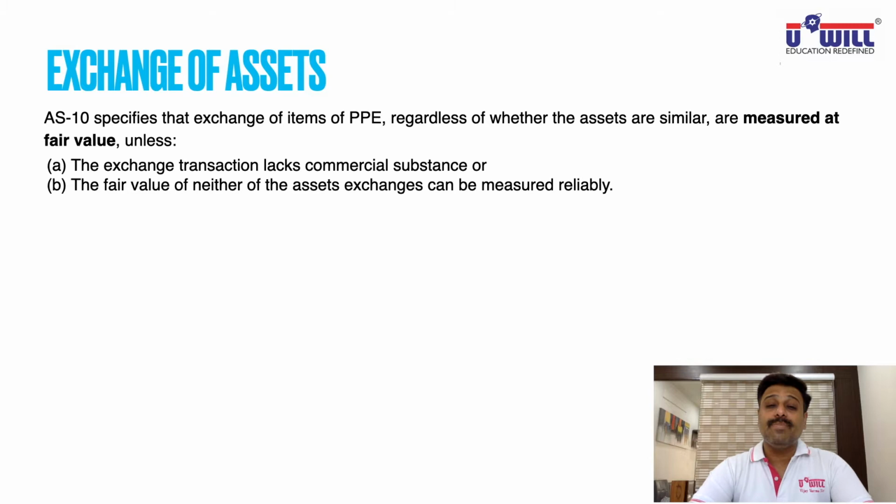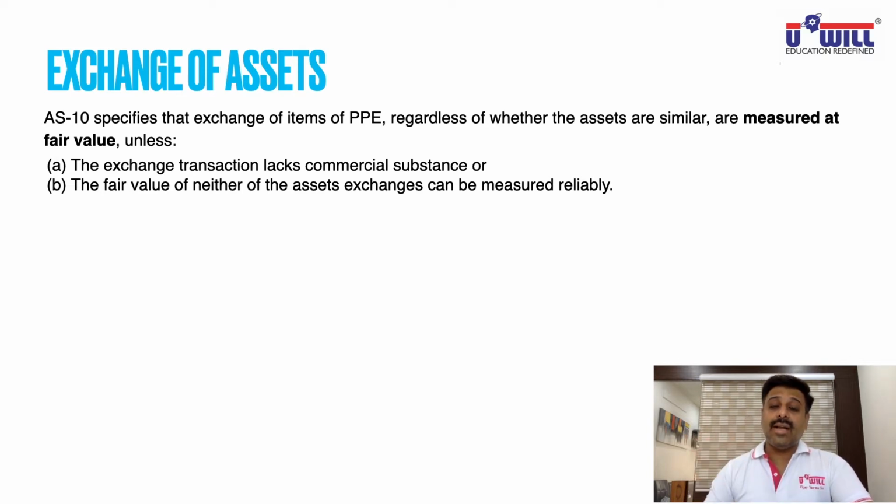Commercial substance means the asset which you are acquiring is going to result in flow of economic benefits to the enterprise. Then we say it has commercial substance. Commercial means monetary value, monetary substance. I repeat, the asset which you are acquiring is going to result in economic benefits. Then you say that the asset has commercial substance.